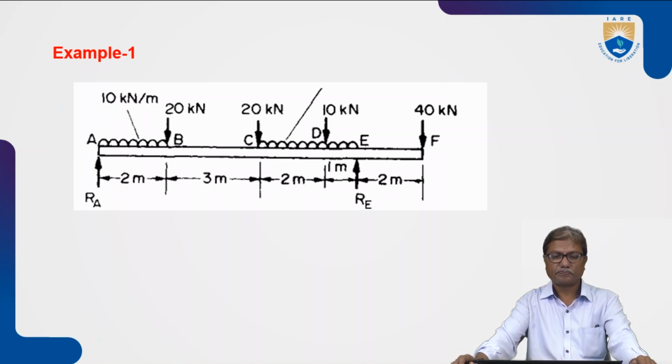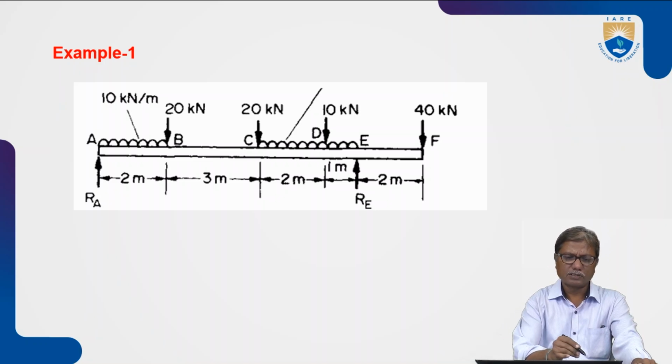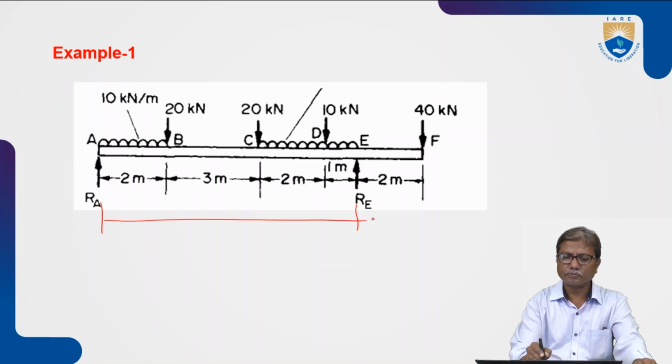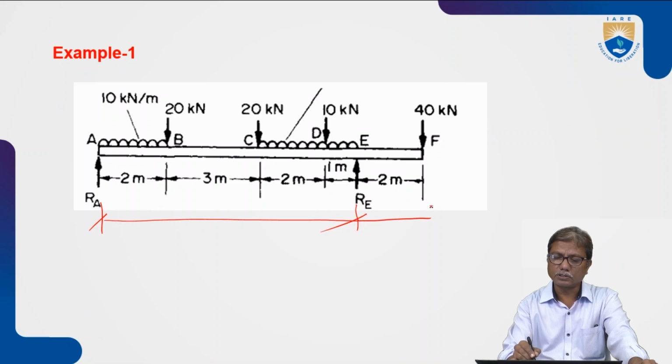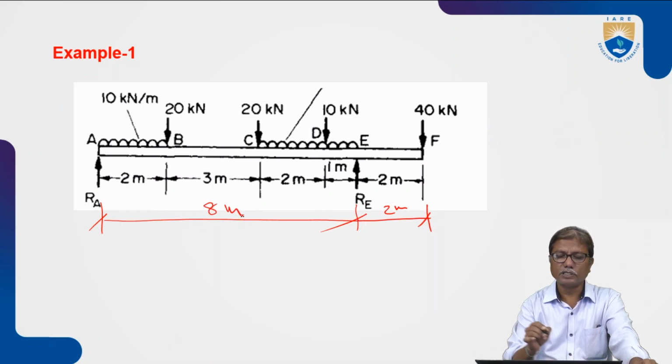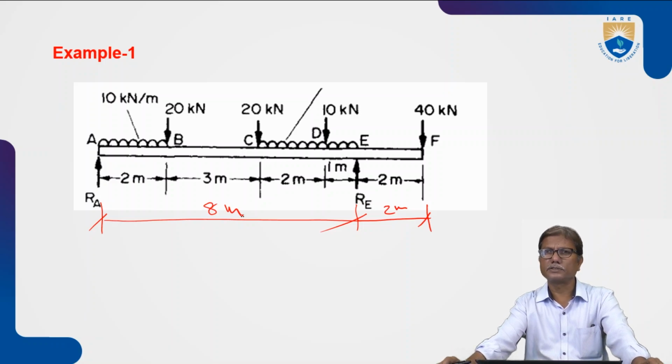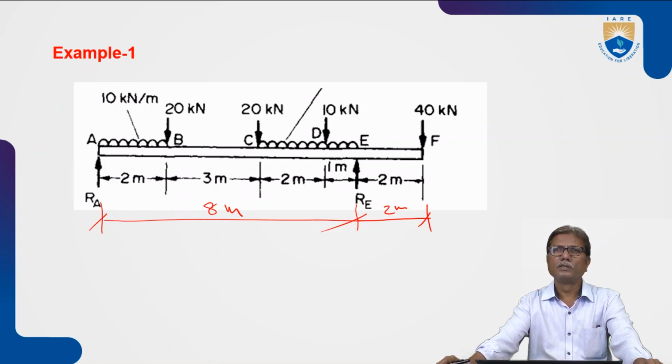The span of the beam between supports is 8 meters and the overhanging portion is 2 meters, so the total length of the beam is 10 meters. As a first step, we will find the reactions at supports.